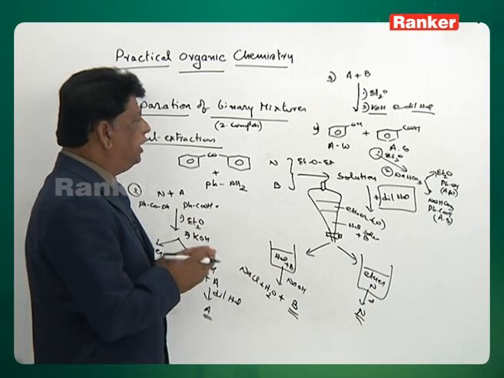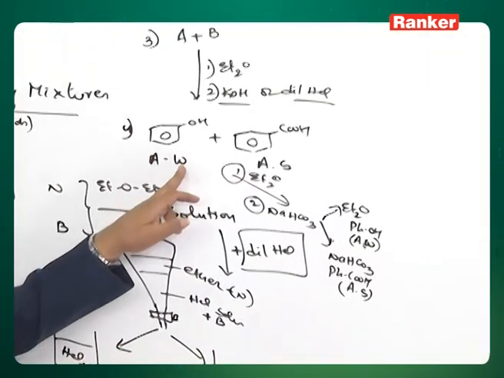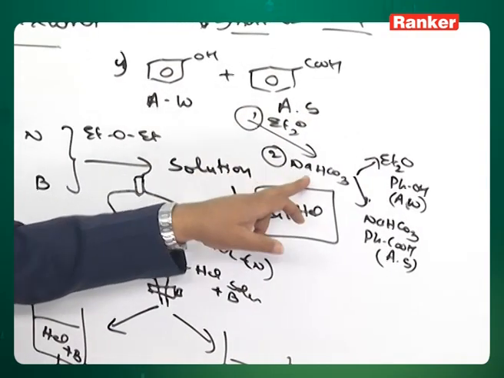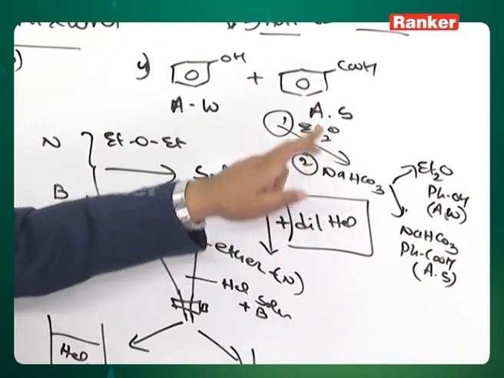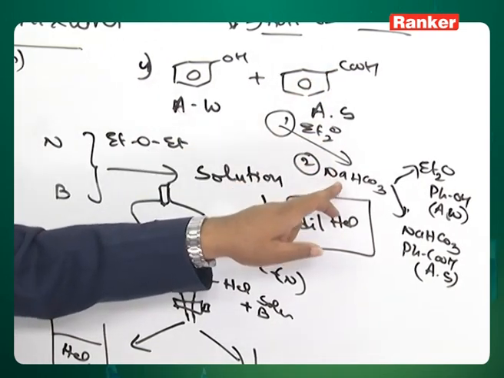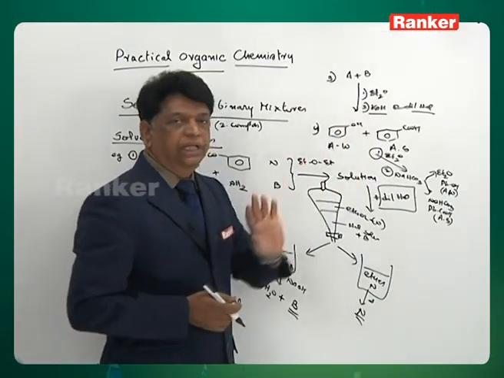So, phenol and benzoic acid both are acids, but one is weak and one is strong. If I use sodium bicarbonate, phenol is not soluble in the bicarbonate, but benzoic acid is soluble, therefore benzoic acid comes into the bicarbonate, whereas phenol is left over in the ether.